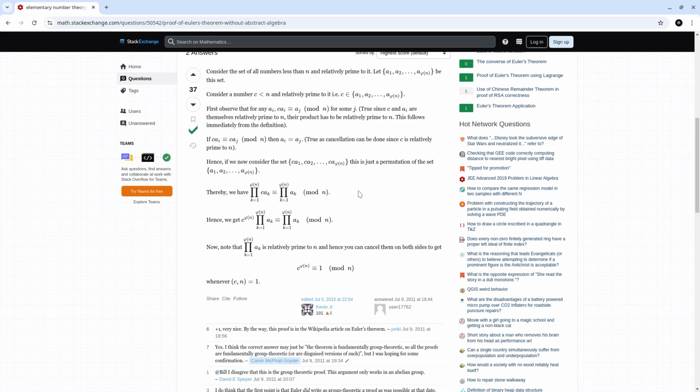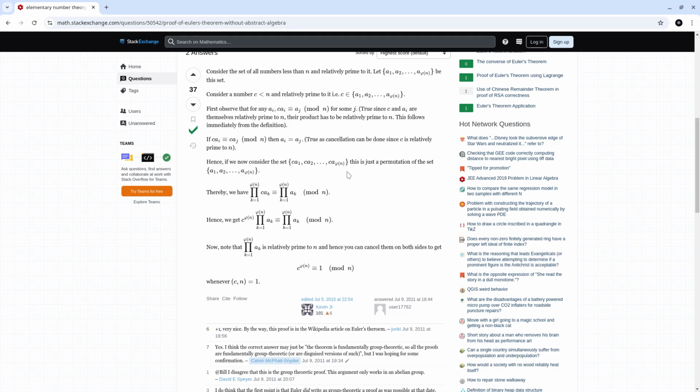And so, hence, if we now consider the set c times a sub 1, c times a sub 2, all the way up to c times a sub n, it's just a permutation of the original set. I hope you can see what's going on there.